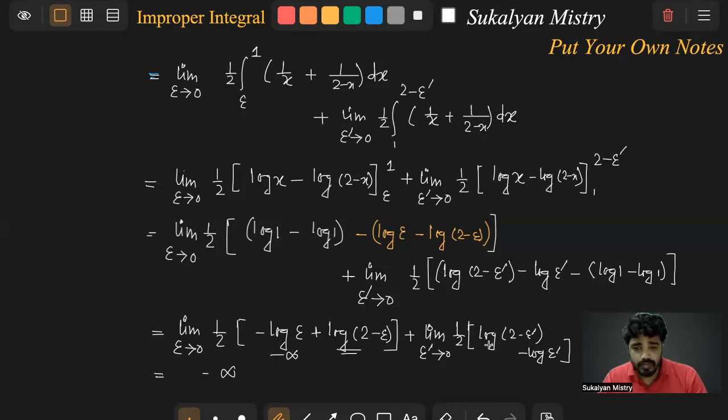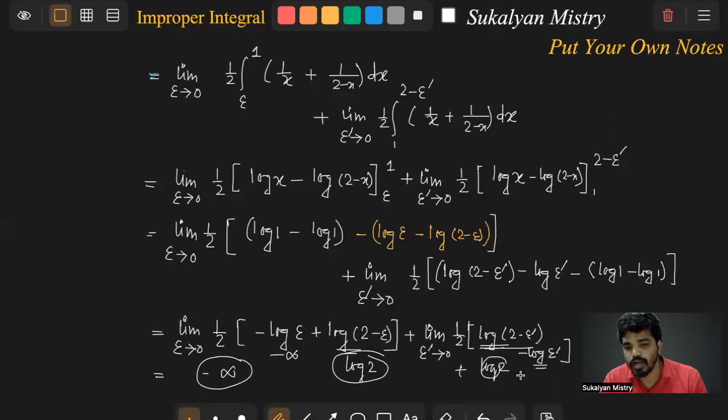Here you get log 2, suppose this is log 2, and this is log 2, but we are getting infinity, so minus infinity plus log 2 plus log 2 is minus infinity.